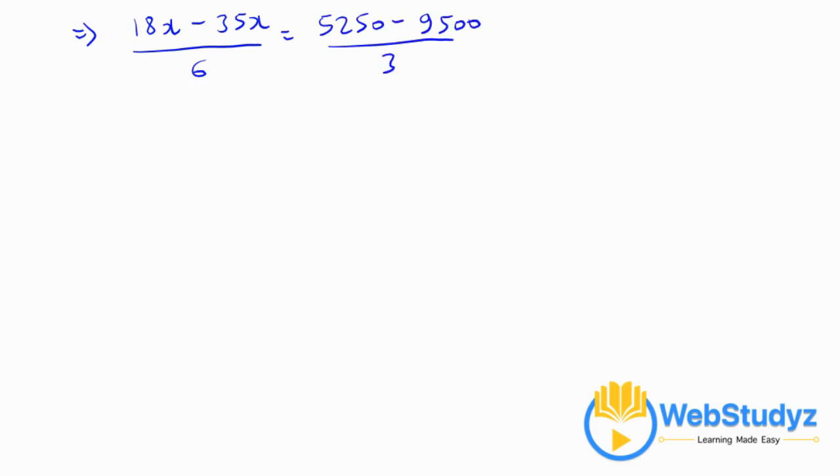Again, further solving this, we get 18x minus 35x by 6 is equal to 5250 minus 9500 by 3. Solving this, we get minus 17x by 6 is equal to minus 4250 by 3.